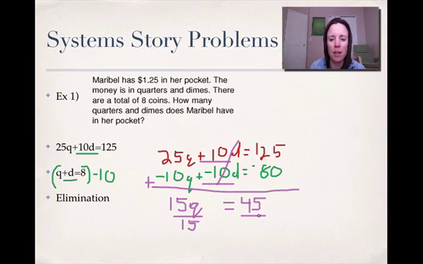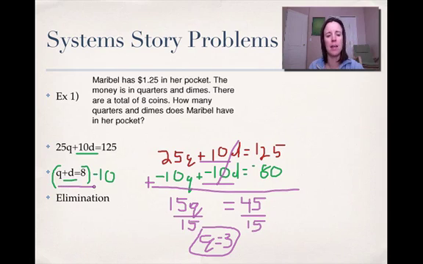When I do that, I find that she has 3 quarters. I know that the total number of coins she has is 8, so she must have 5 dimes, because 3 plus 5 is 8.